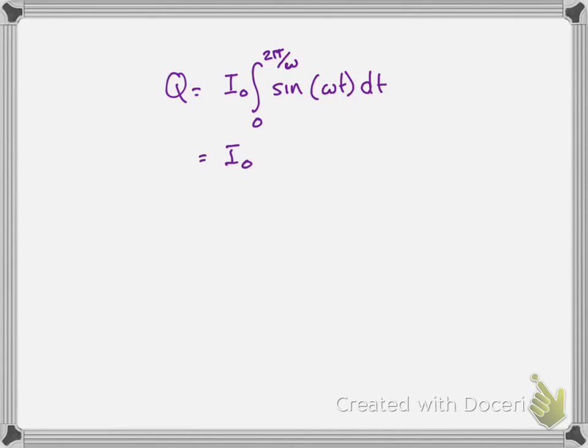The integral of sine omega t is minus the cosine of omega t divided by omega, because the derivative of the quantity in the brackets must equal sine omega t. The derivative of the cosine is minus the sine, and then you have to take the derivative of the inside, which gives you an omega. So that's the integral. Look it up if you don't know it, or do it by substitution, whatever.